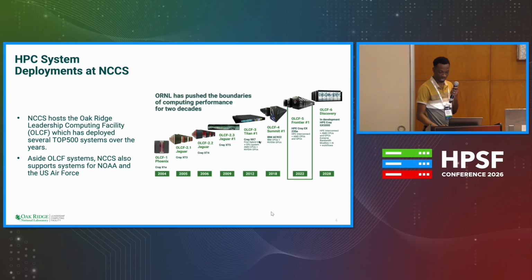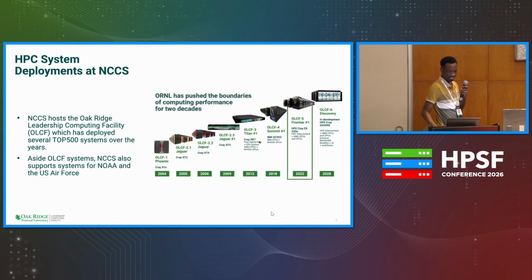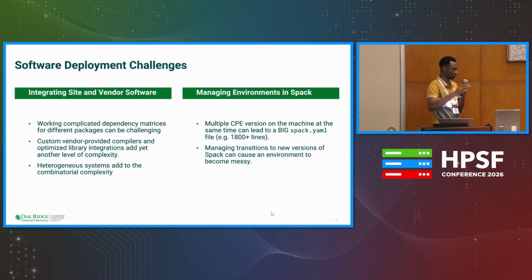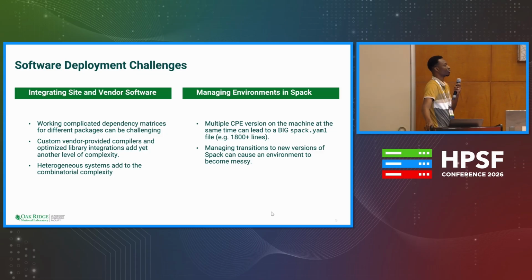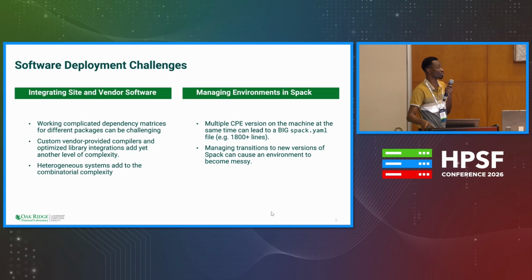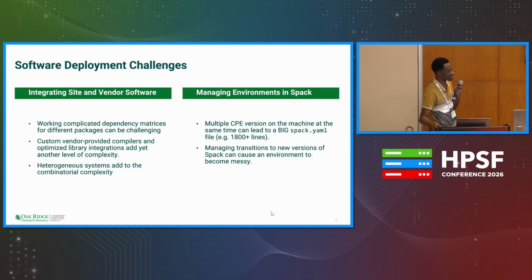We have Discovery coming up in 2028, but for all these systems, getting to the very top of the Top500 means pushing the boundaries of science. The scientists that run on these systems must have access to different scientific applications or scientific software that will help them get their science done.